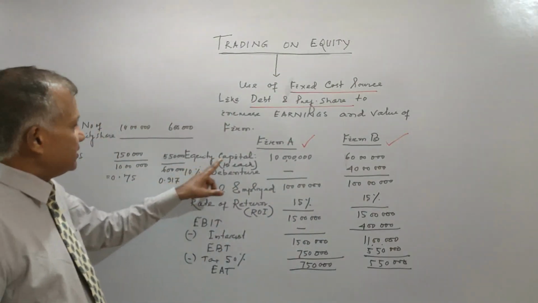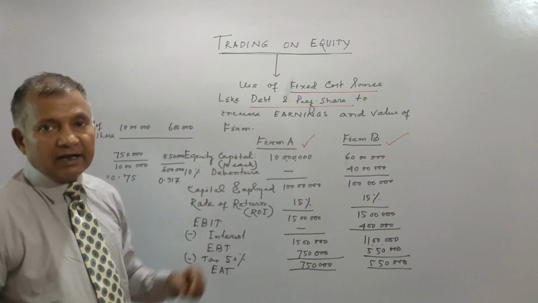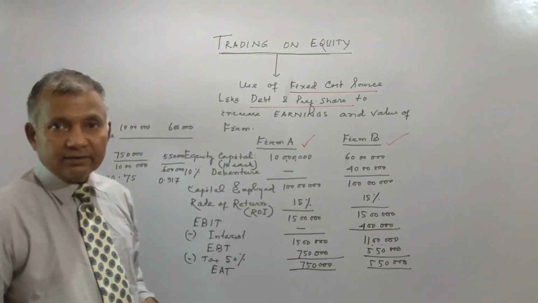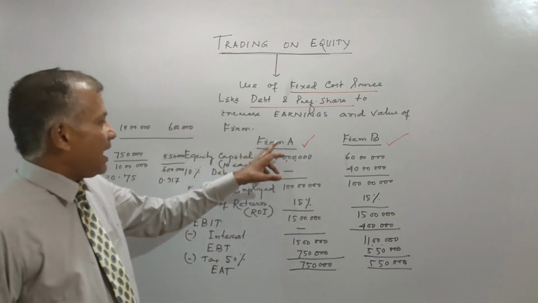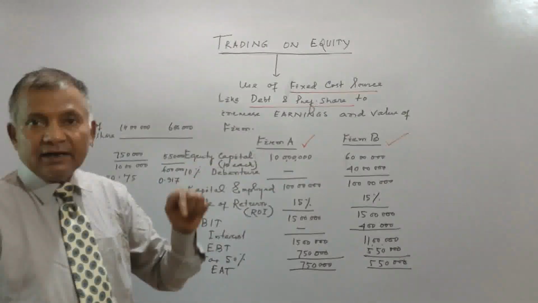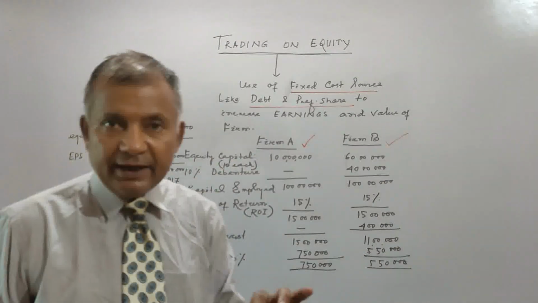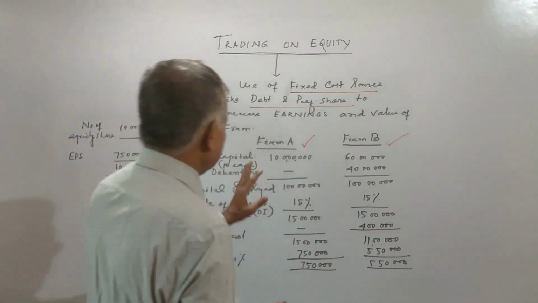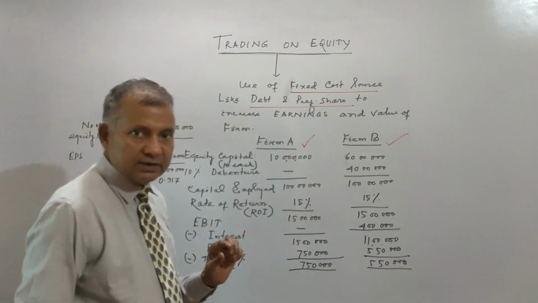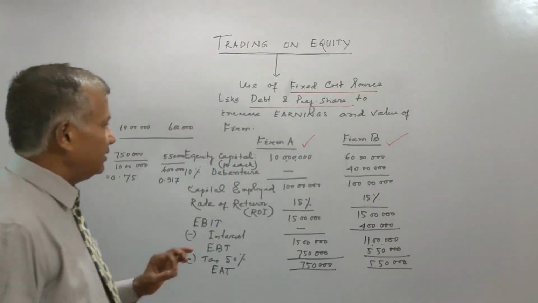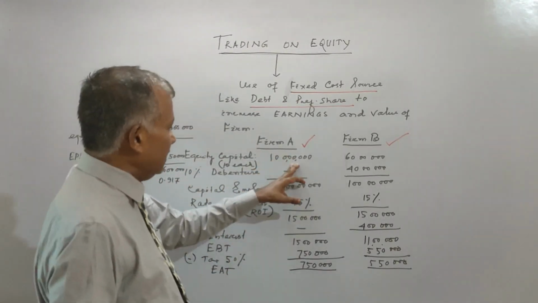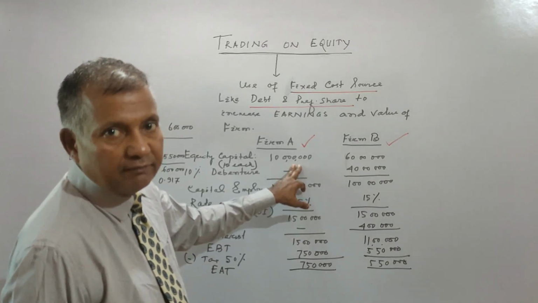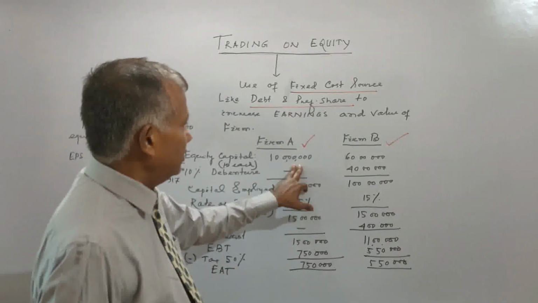Firm A has equity capital 100 lakhs. Rupees 10 is the share. That means firm A has 100 lakh divided by 10, that is 10 lakh equity shares of 10 each.